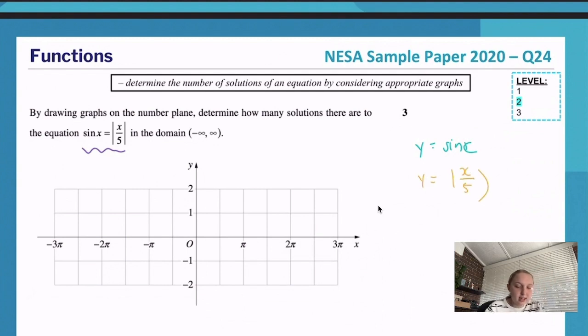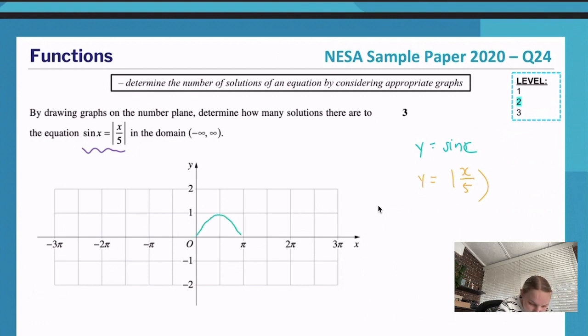Okay, we'll start with y equals sine x because that doesn't have any transformations to it. So we are just looking at, let's see how good, it's already not good, how good my graphing is.